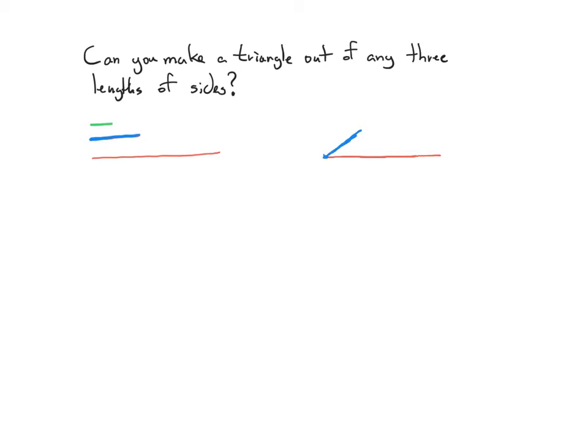And you can see there's no way I can take this little green line segment and have the endpoint of the green line segment join up with the endpoint of the red line segment. This red line segment is far too long to make a triangle. So I guess the answer to the question here is no, you can't. Here's an example where you can't.